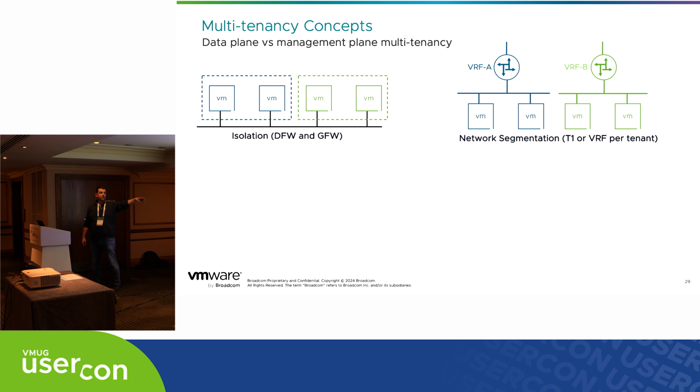We also would create separate logical environments. So we might stand up a VRF-A and a VRF-B. We might stand up separate tier zeros where you might interface in from a physical through a VRF for production, a VRF for pre-production, a VRF for test and dev, and provide tenancy and separation in that way.